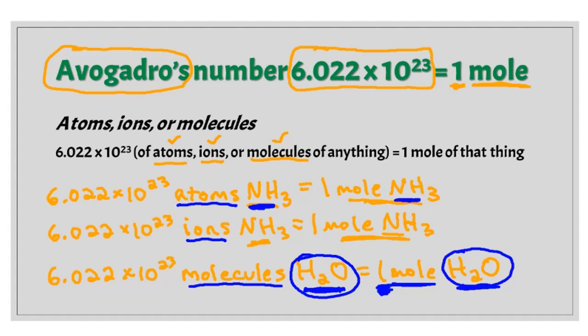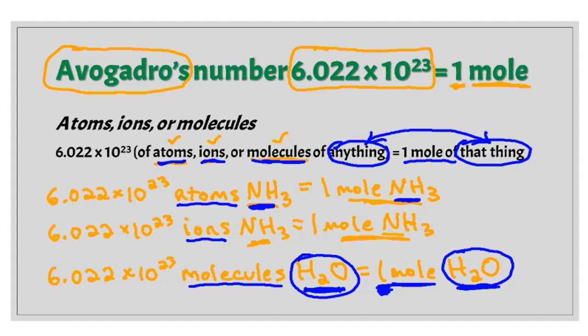So no matter what substance you're dealing with, if you have 6.022 times 10 to the 23 atoms, or ions, or molecules of a thing, that is going to equal 1 mole of that same thing. These things have to be the same.